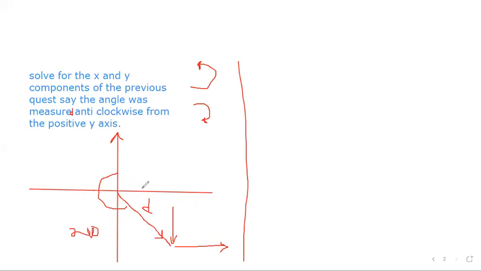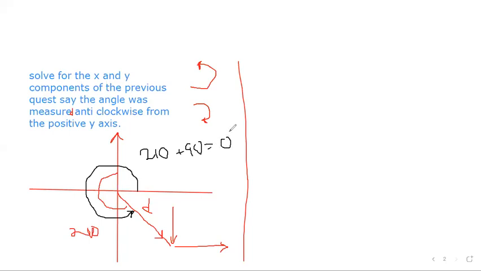We are going to measure this angle, the one I've shown in black color, which is 210 plus 90 degrees.